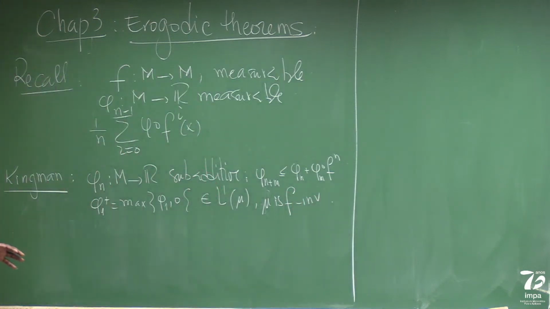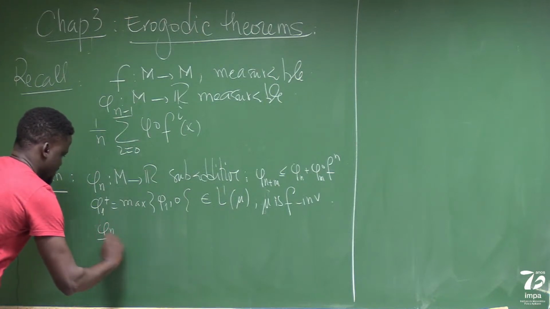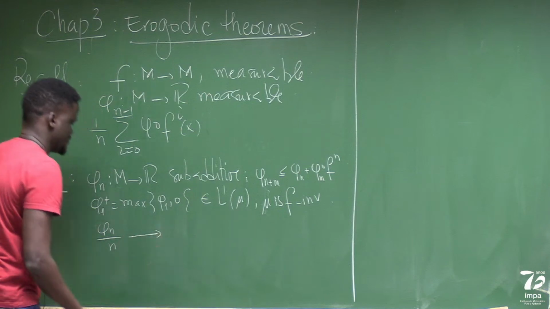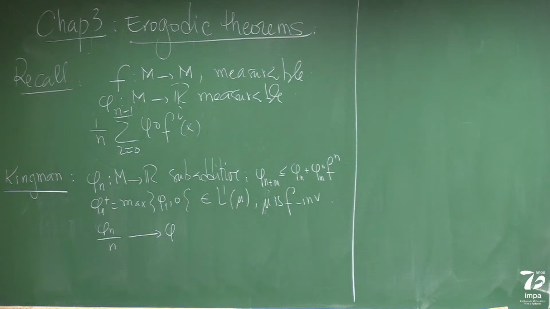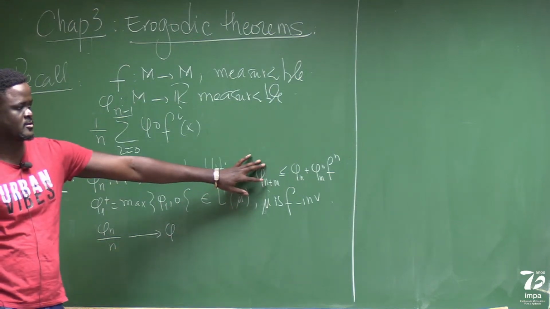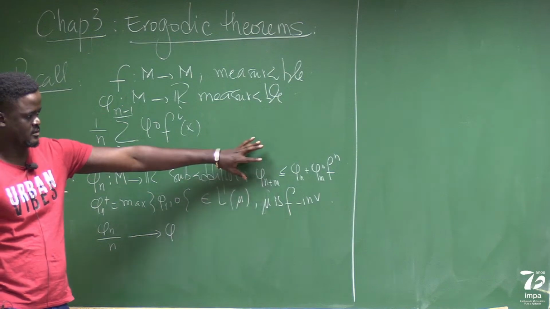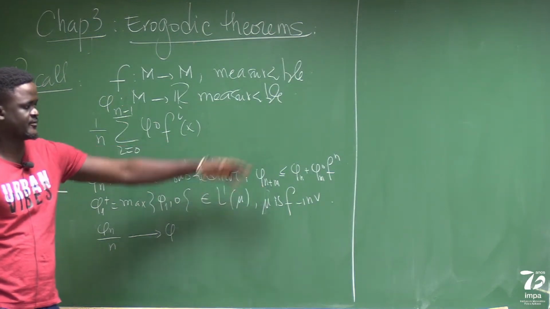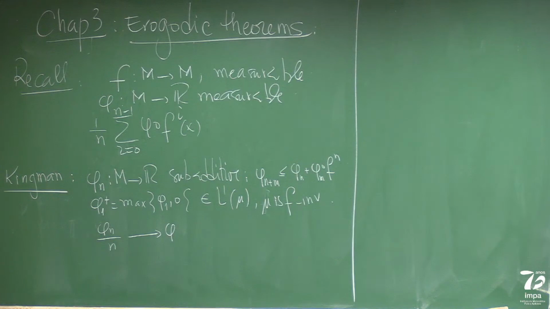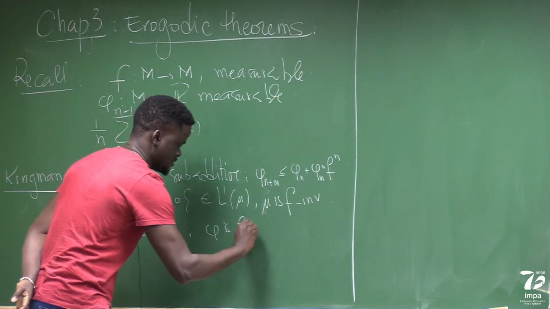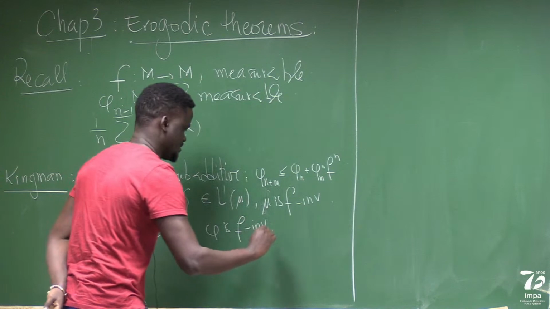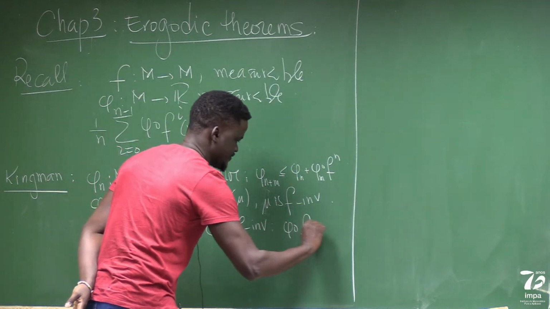So if you have these conditions, you have that this quantity phi n over n converges to a function phi. This is general; as you will see, we will apply it to many types of sub-additive functions. So this is called the sub-additive ergodic theorem. This is converging to phi, and phi is F invariant, meaning phi composed with F equals phi.